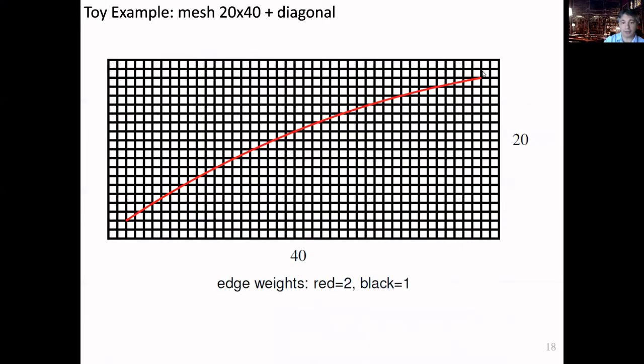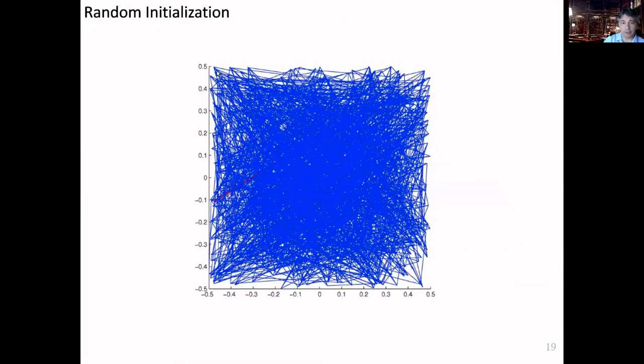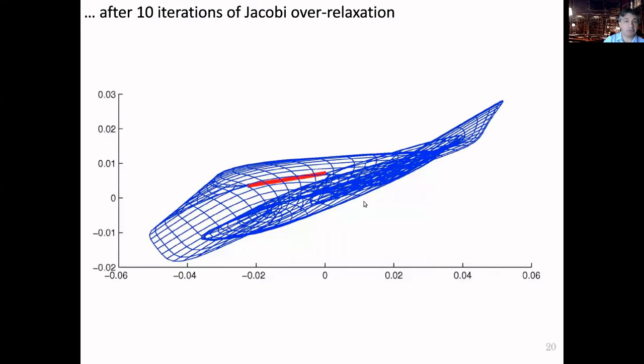Here, let me show you a very simple example. Here's the graph, and here's the diagonal. In this graph, we start this iterative process with the random assignment of all nodes in the two-dimensional space. So we drop all these nodes randomly in two-dimensional space, and you can see this red diagonal here. And then if we run, say, Jacobi over-relaxation for just maybe 10 iterations, we can see that the distance between these two nodes is longer than the distance for the rest of the nodes.